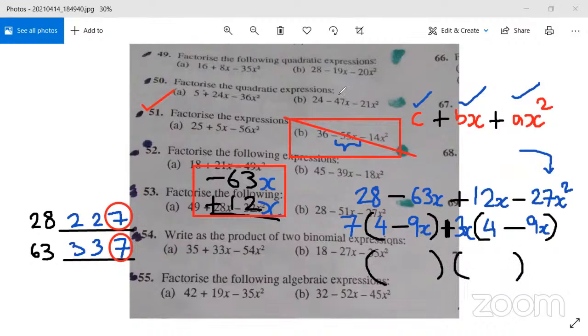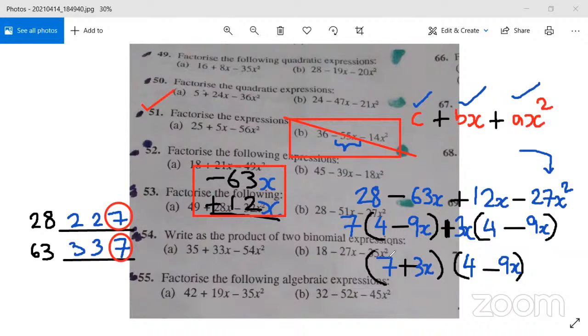We are going to have a 7 plus 3x here and a 4 minus 9x over there. So 7 plus the 3x here, 4 minus the 9x here.